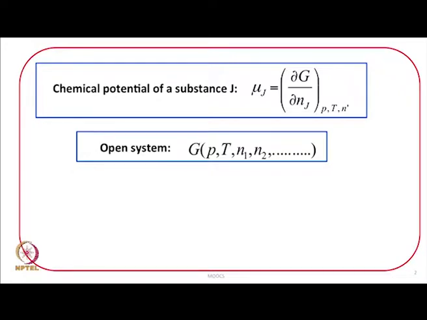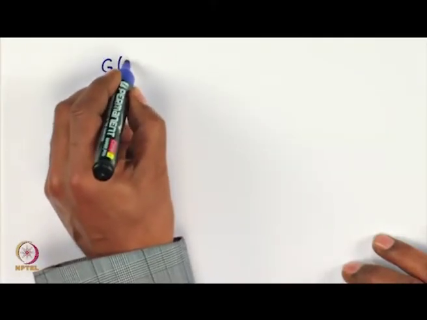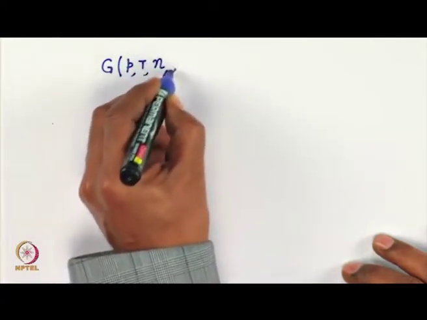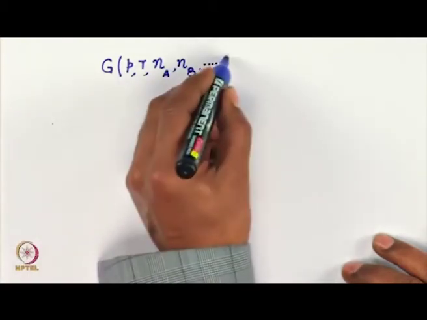So, as is mentioned over here, in an open system, the Gibbs energy will depend upon pressure, temperature, number of moles of component 1, number of moles of component 2, etc. So, let us discuss. If G depends upon pressure, temperature, number of moles of A, number of moles of B, and so on, instead of A, B, I am free to write 1, 2 also.